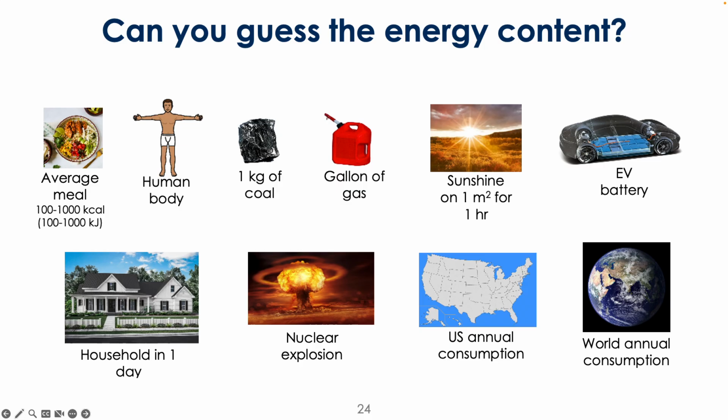Okay, how much energy do you think is in the human body? 100 meals. So it'll be 100 times 100, so 10 to the 4th to 10 to the 5th kilojoules is what you're saying.